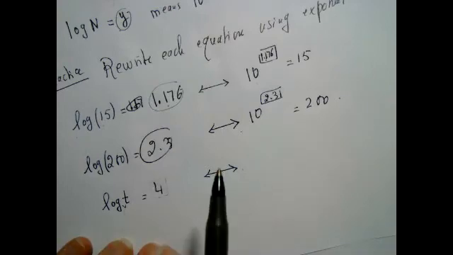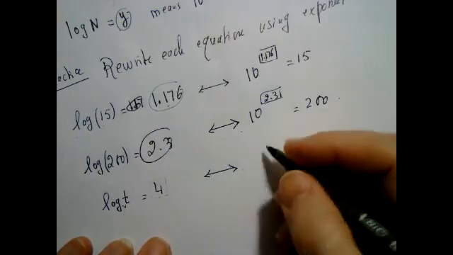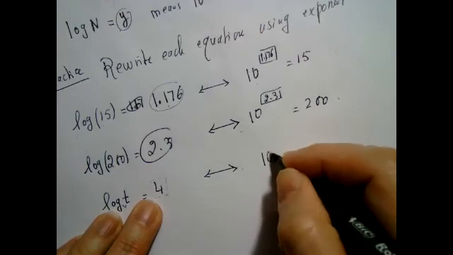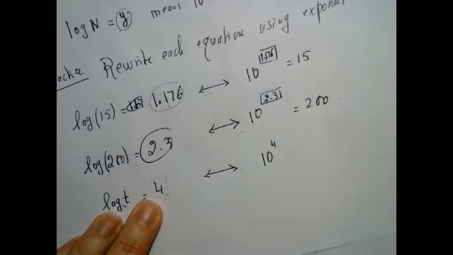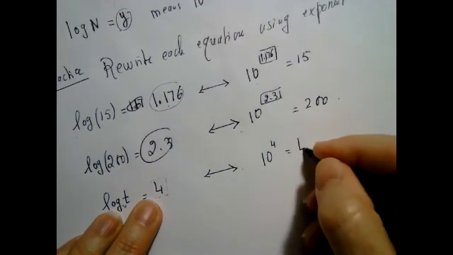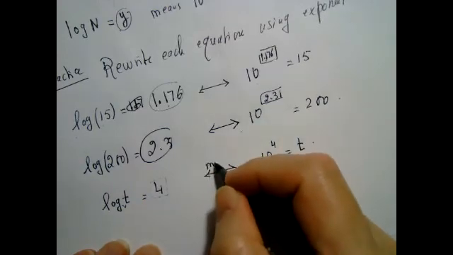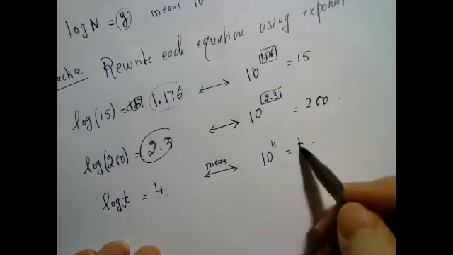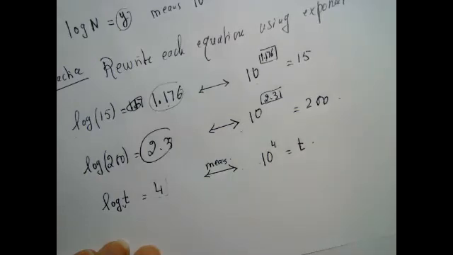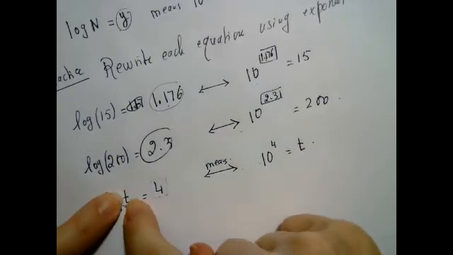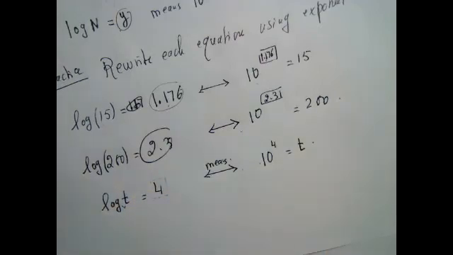The input is t, the output is the power. So the output here is the power of 10 that gives me t back. So log t equals 4 basically means t is 10 to the power 4. It means if you plug in 10 to the power 4 here, you're going to get t.